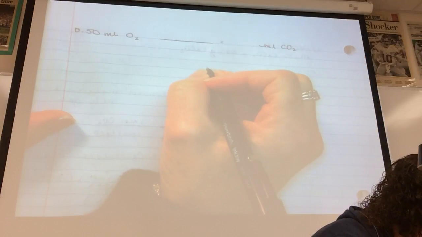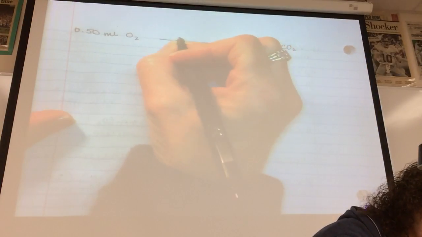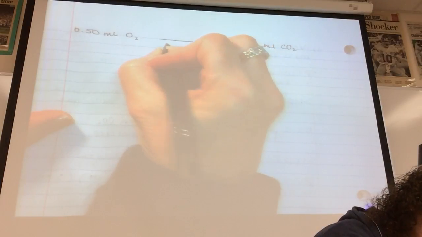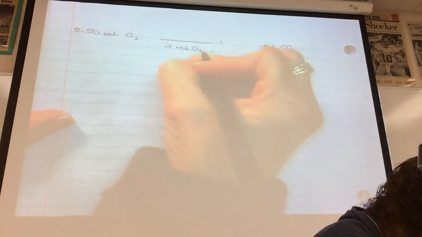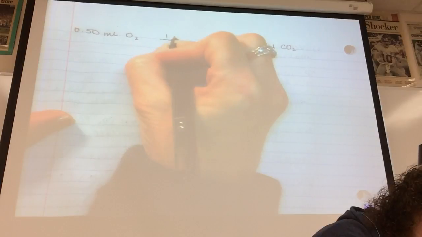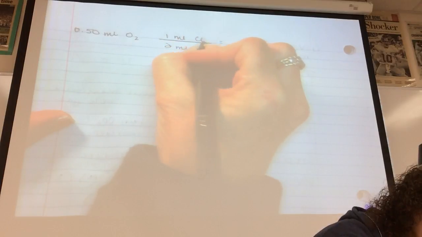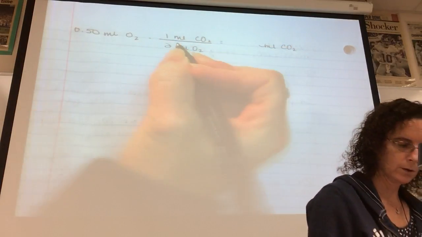From the balanced chemical equation, you can see that you have 2 mils of oxygen gas for every 1 mil of CO2 that you generate, correct?